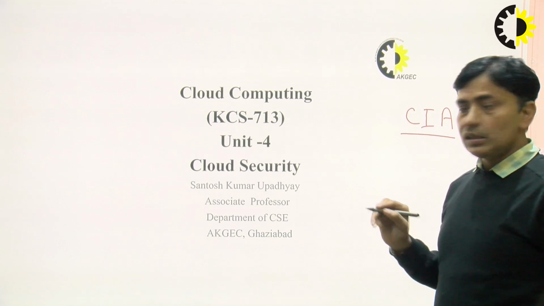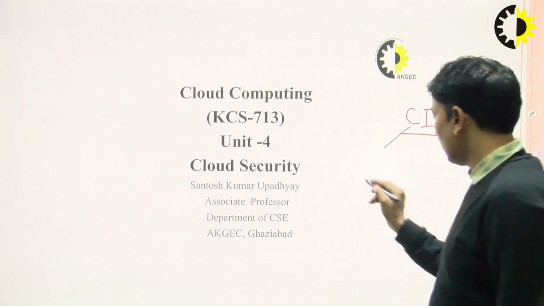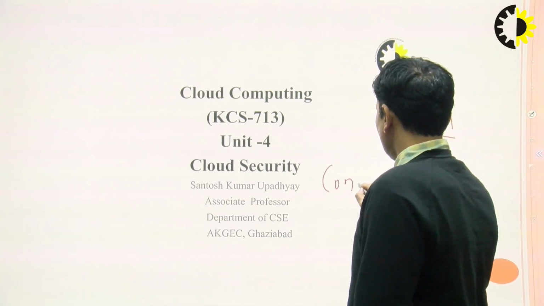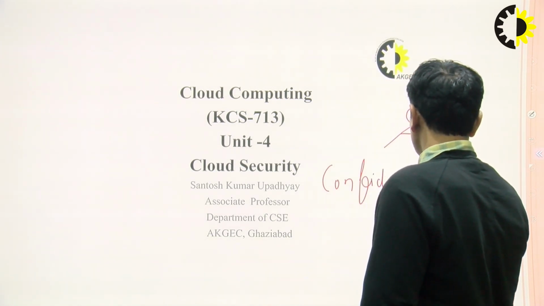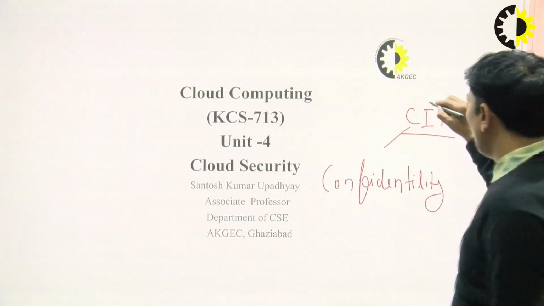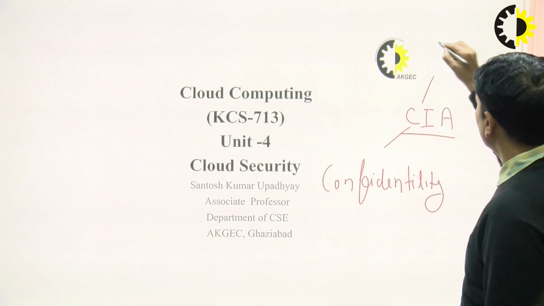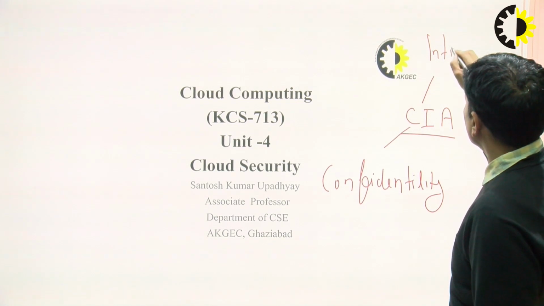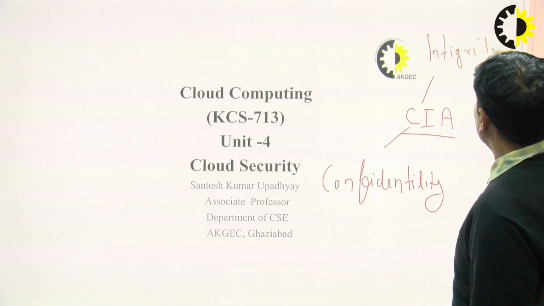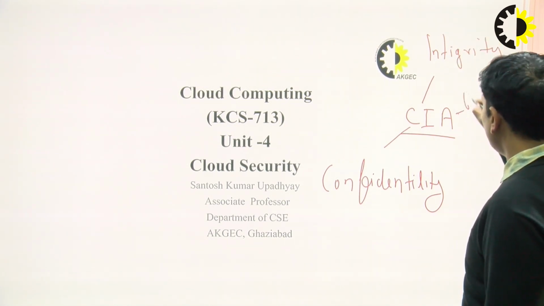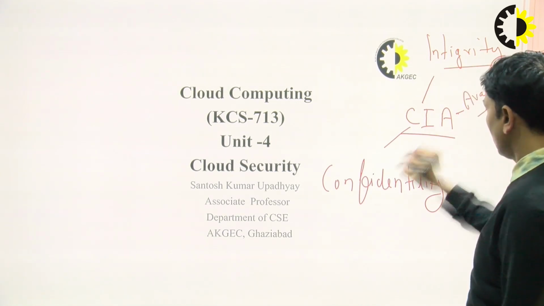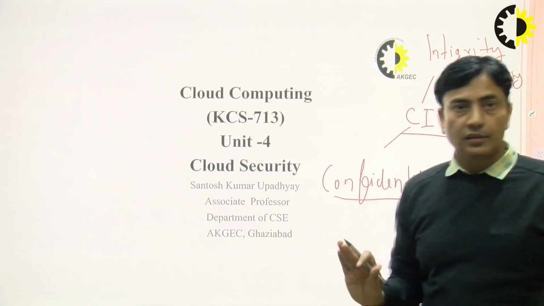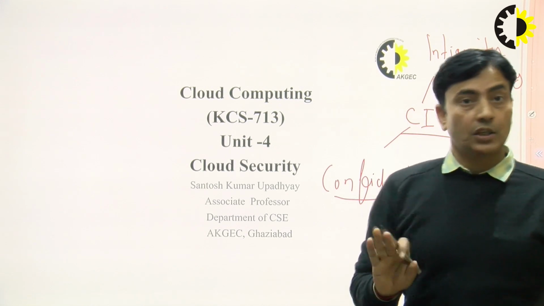What is the CIA? C means confidentiality, I is for integrity, and A is availability. These three terms are very important in the field of computer security.